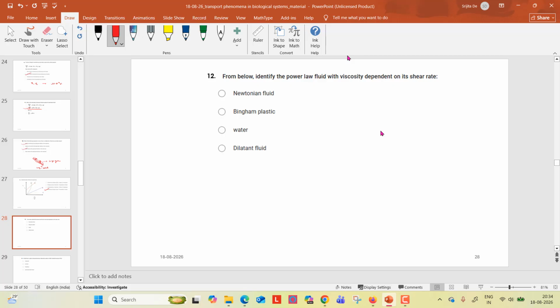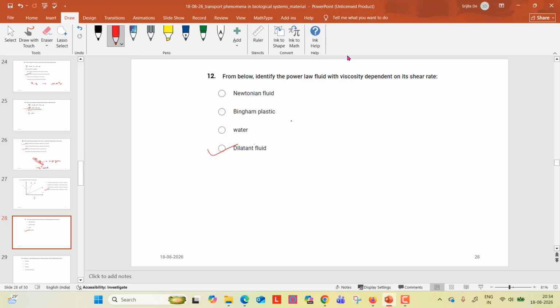So when the viscosity is dependent on the shear rate, that means viscosity is changing with the shear rate, viscosity is increasing with the shear rate. So we have seen that it is the dilatant fluid, right? Because the other options are not true here. Newtonian fluid is not, Bingham plastic is not, water is one kind of Newtonian fluid.